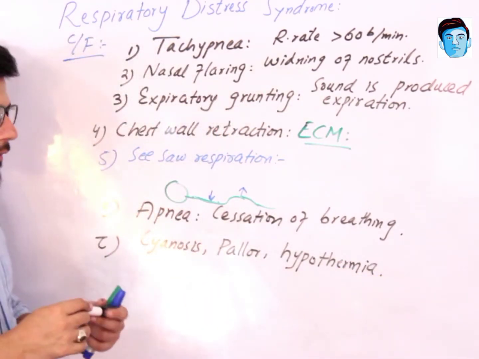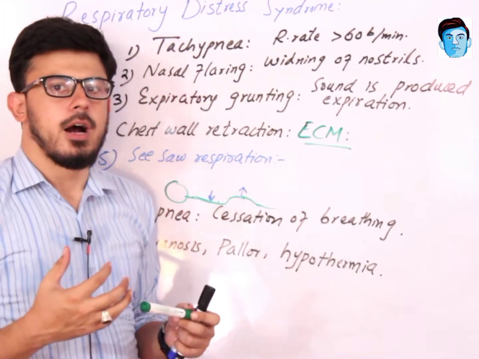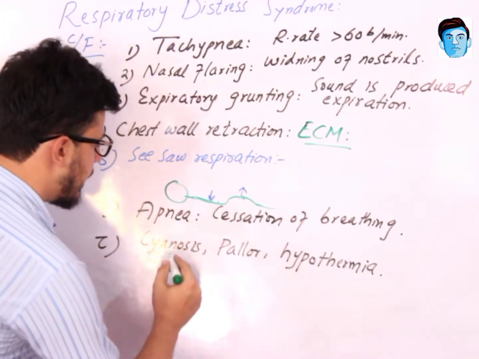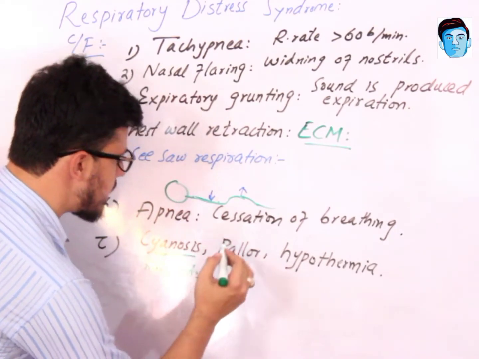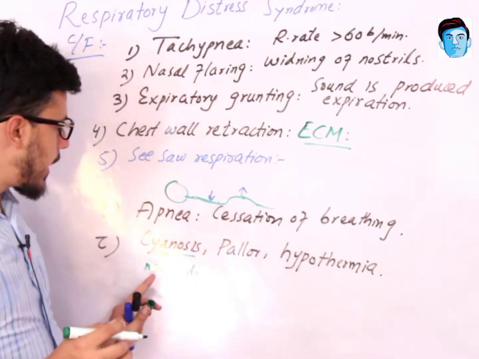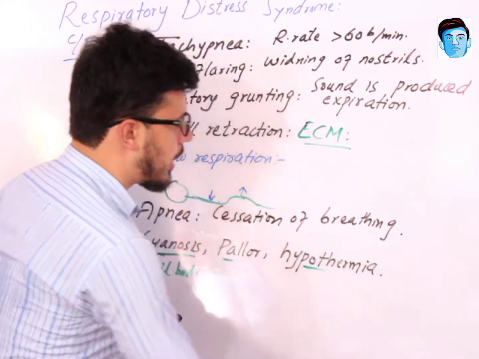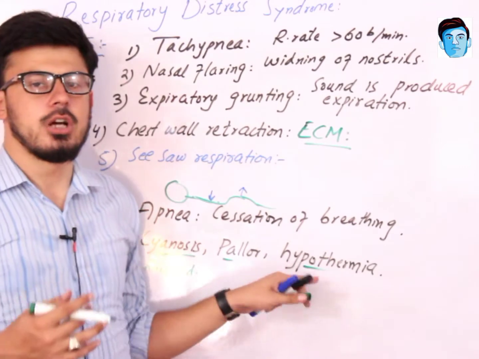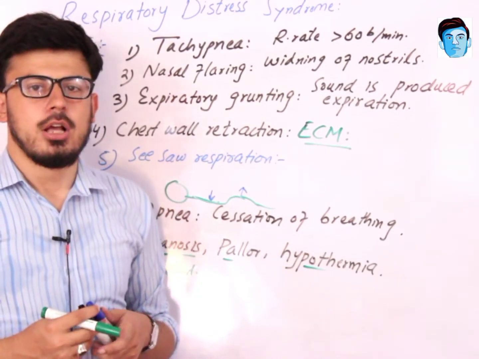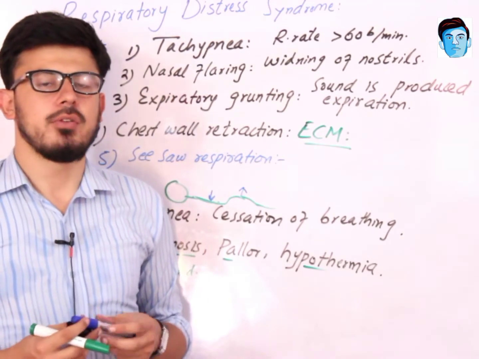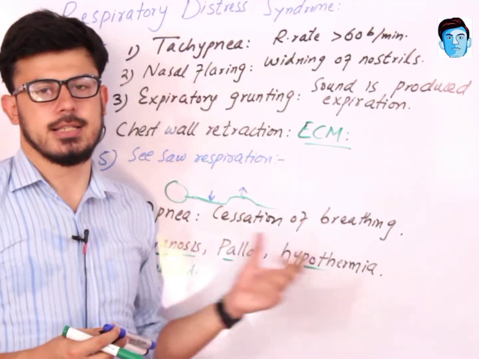If you check the cyanosis in this patient, you will focus on the nail bed of the patient. Cyanosis is more pronounced and is checked mainly at the nail bed. And also there is pallor and hypothermia. Why is it so? Because the decreased level of oxygen leads to no oxidation, so ultimately there will be no ATP formation, which leads to a decreased level of temperature, so there will be hypothermia in this case as well.